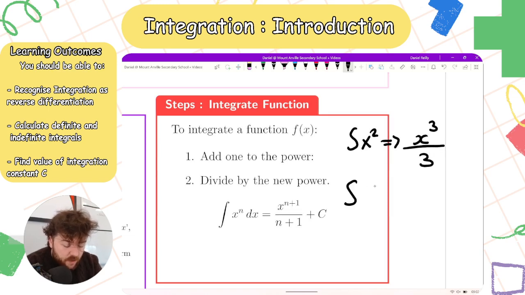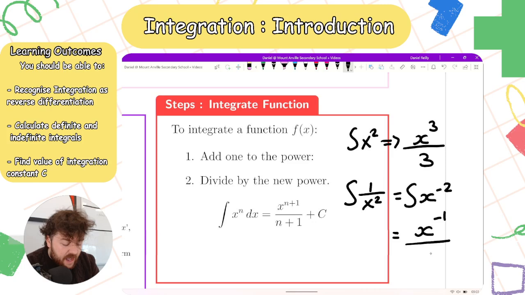The integral of 1 over x squared is the same as the integral of x to the power of minus 2. Increase the power by 1, it'd be x to the power of minus 1. Then divide by the new power, which is minus 1. So the answer would be minus 1 over x. So increase the power by 1, divide by the new power, and make sure to add your plus c.